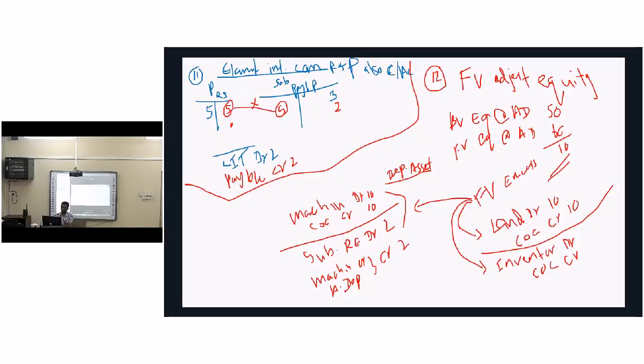What else we missed? Related to balance sheet? Anything? One point I missed every time.